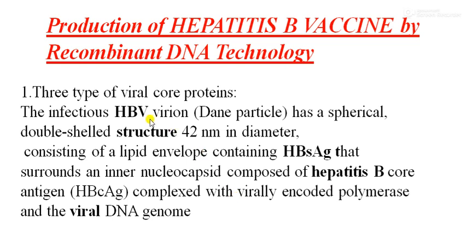Hepatitis viruses are mainly of three types: hepatitis B, hepatitis D and hepatitis E. Basically hepatitis B and D are effective, but hepatitis D can affect only with the help of hepatitis B. This hepatitis B virus causes damage of hepatic cells, that means it affects our liver.